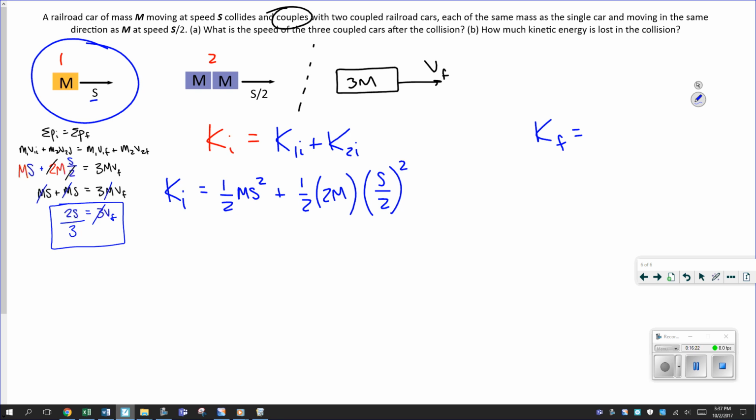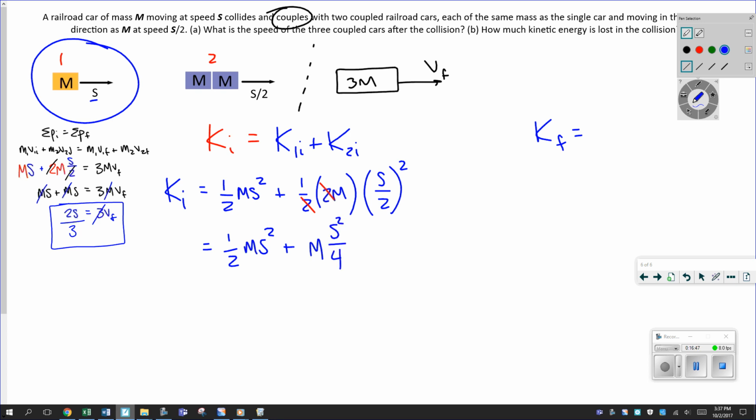So let's simplify. This is not much to do here. 1/2 m s squared plus, here I see a 1/2 and a 2 I can divide away, and then we just have to be careful here. This is m, s squared over 2, I'm sorry, 4.